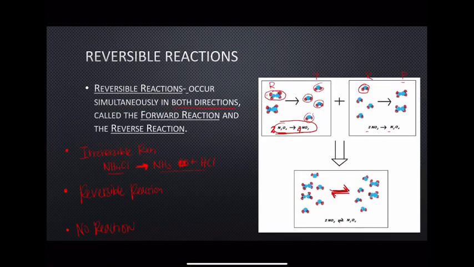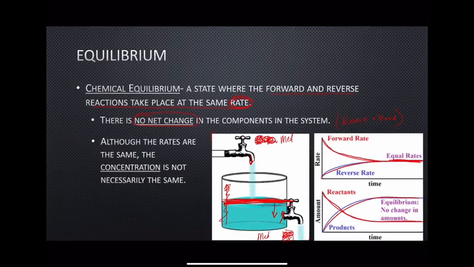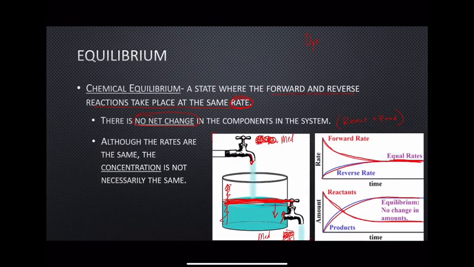We also saw that over here. We had 4 molecules of NO2, but only 2 molecules of N2O4. But those could still be at chemical equilibrium, even though the concentrations are different, okay? So that's important.